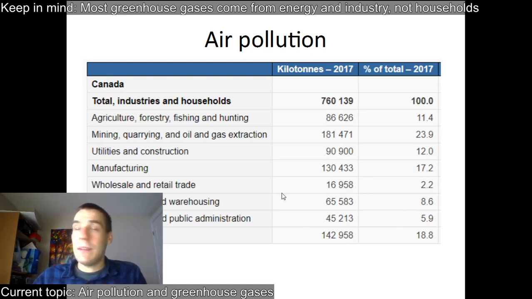And various other things, right? It might be more effective to just reduce our consumption of stuff. Utilities and manufacturing and stuff like that, that's a bigger chunk of the pie. Agriculture, forestry, fishing, and hunting. Most of this agriculture is beef and chicken, so a lot of people say that cutting out some meat is a good way to reduce your greenhouse gas emissions.